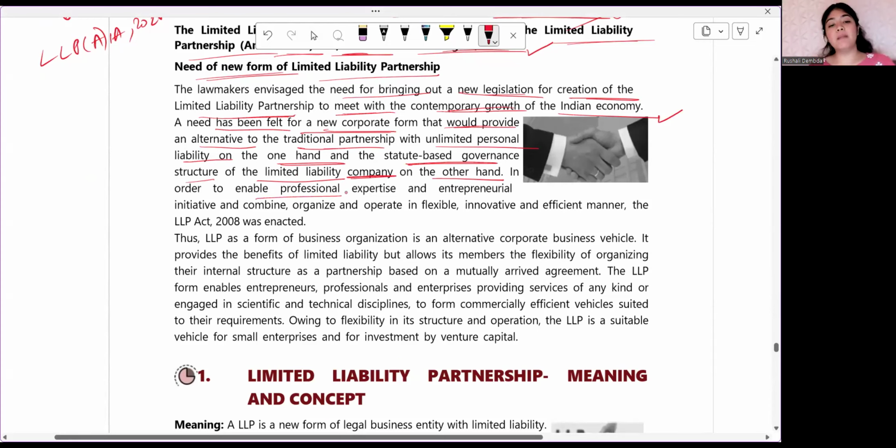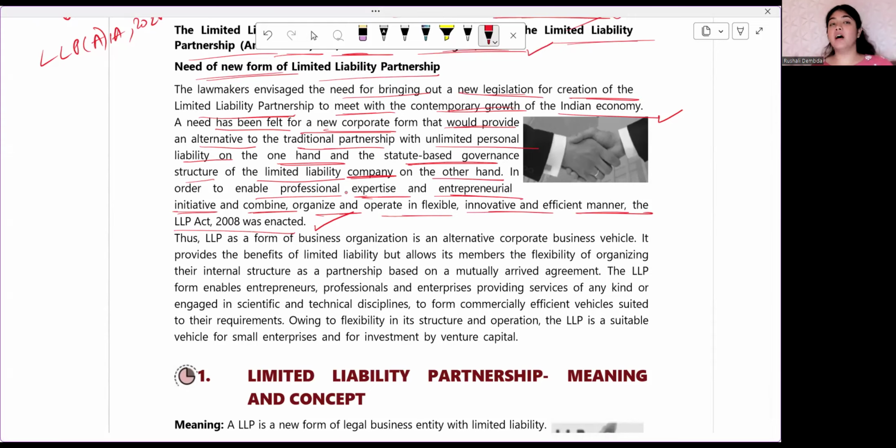In order to enable professional expertise and entrepreneurial initiative to combine, organize and operate in a flexible, innovative and efficient manner, the LLP Act 2008 was enacted. It was enacted to enable professional expertise. Mostly you see LLPs are formed by professionals. Architects will form an LLP. Your architects and civil engineers will form an LLP. Those who have that professional knowledge, they will try to form it.